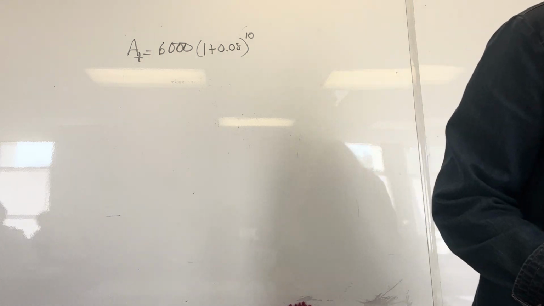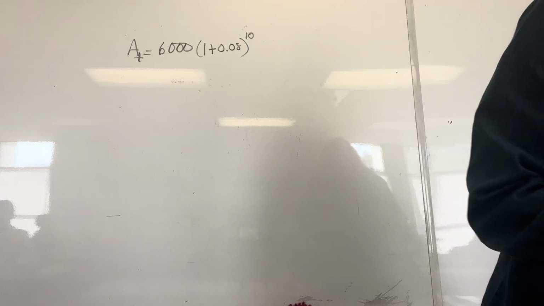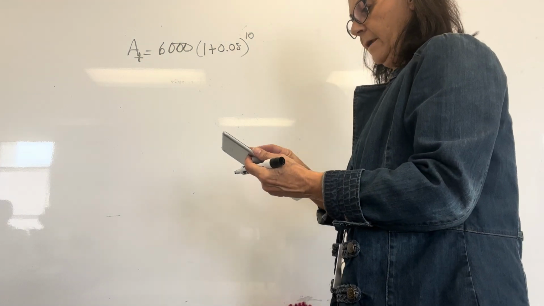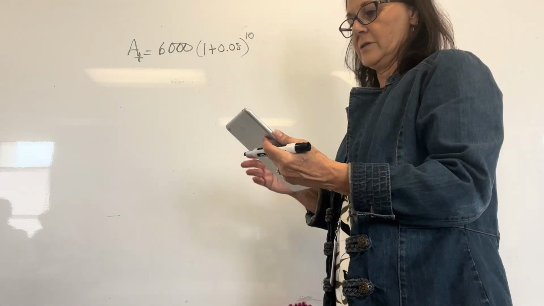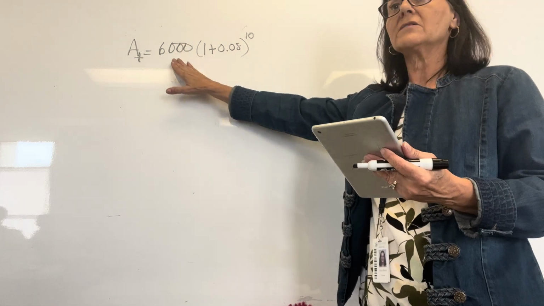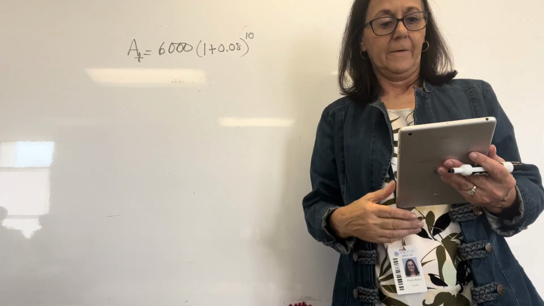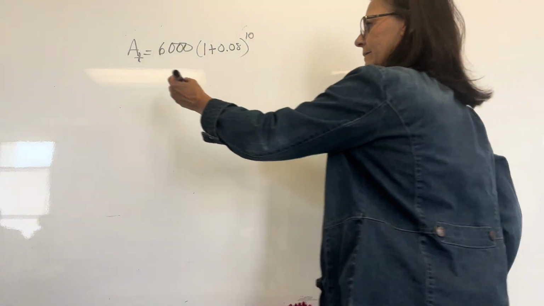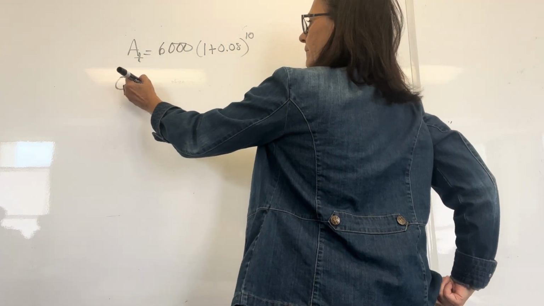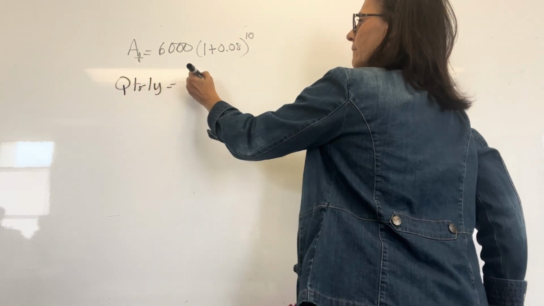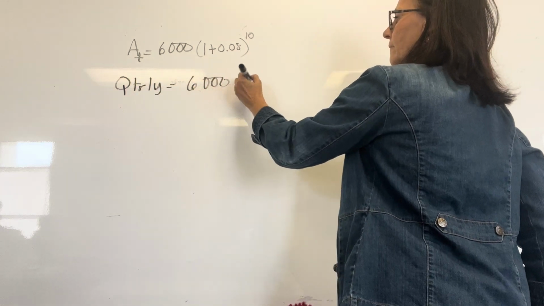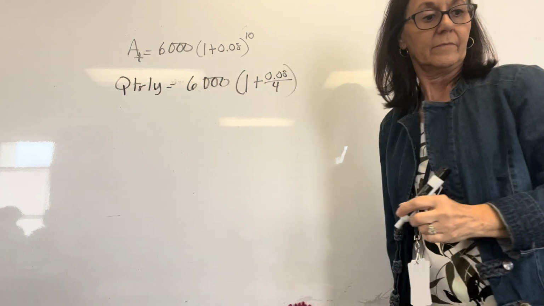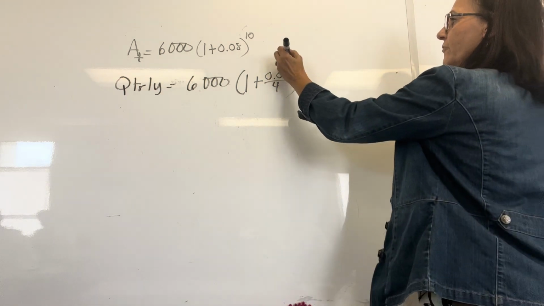All right, let's look at example 2. What if I have different compounding periods? We're going to leave the same numbers, 6,000 and 8%. But what if I wanted to compound quarterly? It'd be 6,000 times 1 plus 0.08 over 4, to the number of quarters.